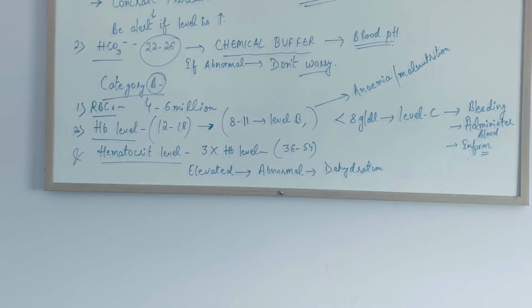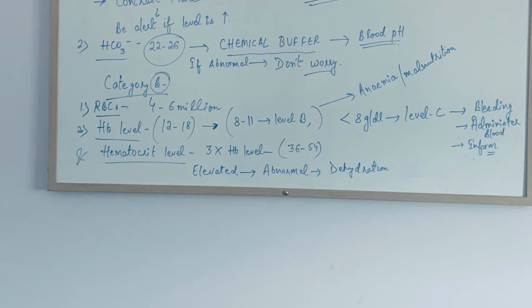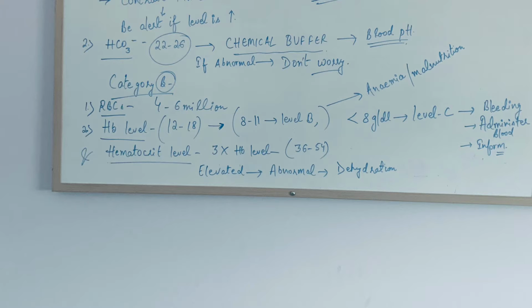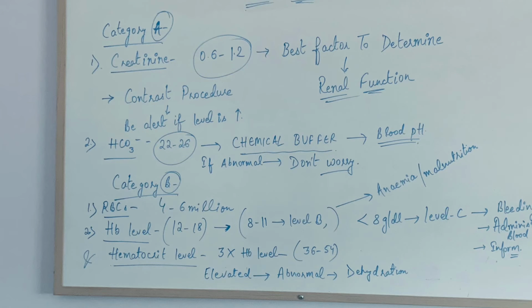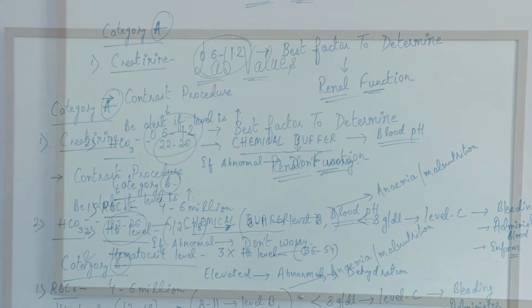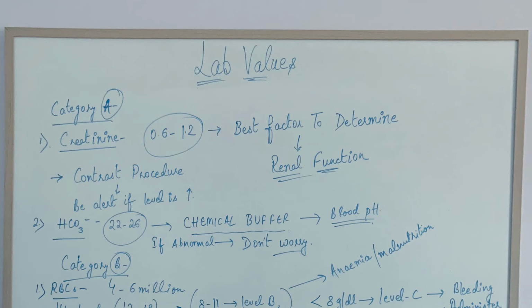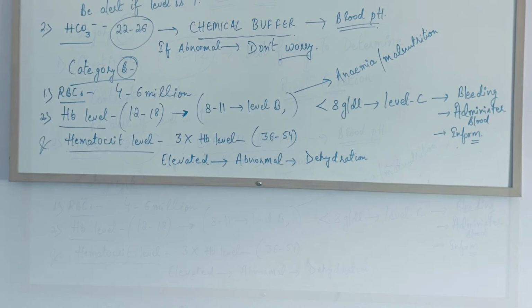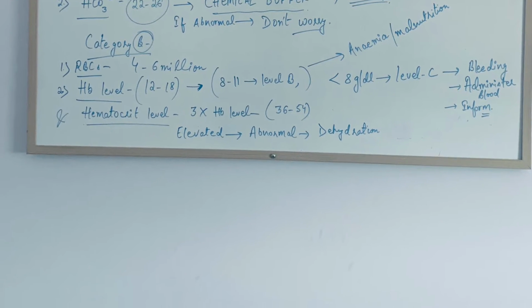Okay, then second comes the bicarbonate. The bicarbonate level normally is 22 to 26, and it's a chemical buffer which maintains the blood pH level. So it means that by maintaining the bicarbonate levels, the blood pH level neither goes acidic nor basic.